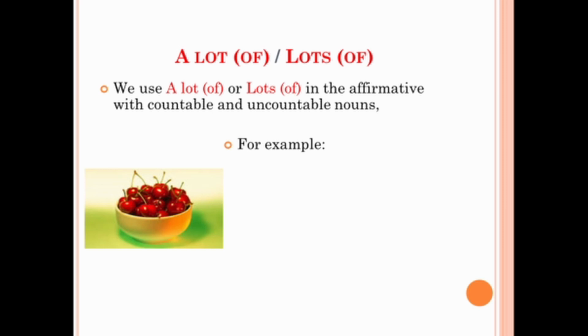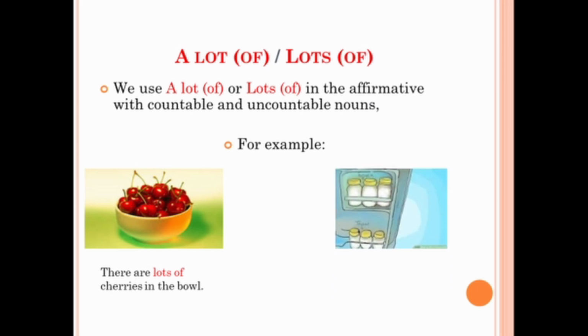With a lot of, exactly. Very good. There are lots of cherries in the bowl. Also, you can say there are a lot of cherries in the bowl. So actually, those two have no difference in use.